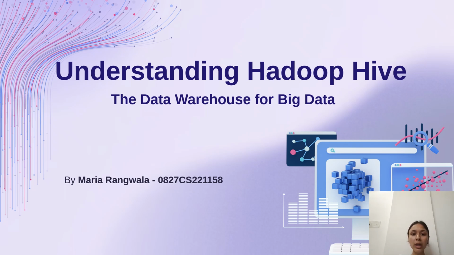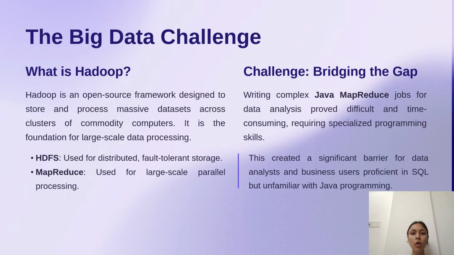So before we begin with Apache Hive, I will give you a brief description about Hadoop. Hadoop is an open source framework that is used to store and process large amounts of data. It has two main components, Hadoop Distributed File System and MapReduce. In the Hadoop Distributed File System, we store the files in clusters.